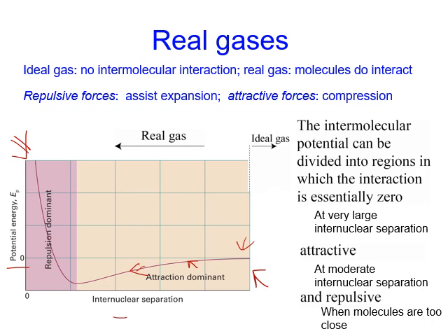Now, when the molecules get too close to each other, the repulsion force becomes dominant, and then the potential energy starts to increase. So in a real gas, two types of intermolecular interactions exist: attraction force and repulsion force. Which one dominates depends on the internuclear separation.